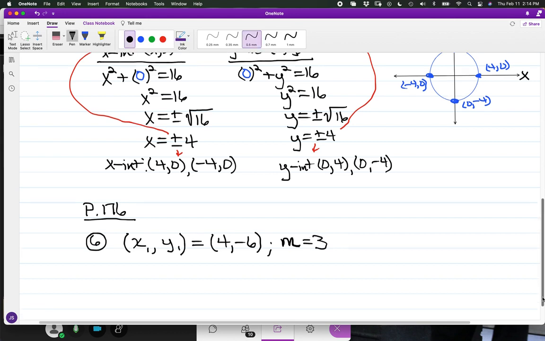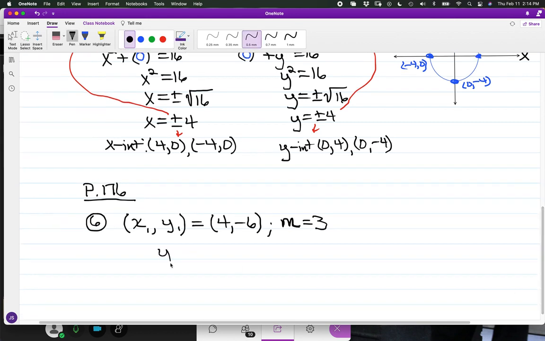And so in getting to the slope-intercept equation, we can go through the point-slope pathway. We have our given point and slope already provided. So for y minus y1, we have y minus negative 6, equal to the slope m, which we have at 3, times the quantity of x minus 4.